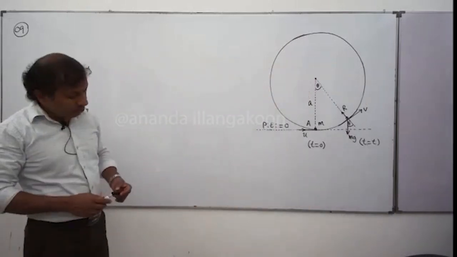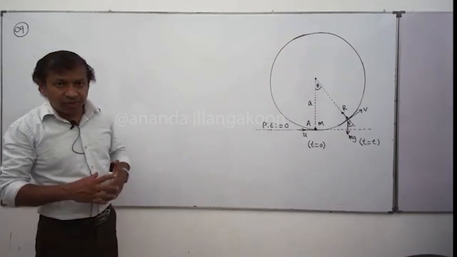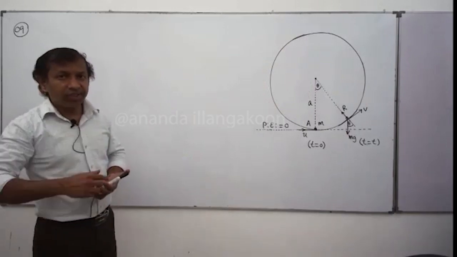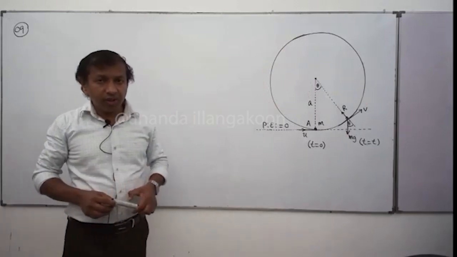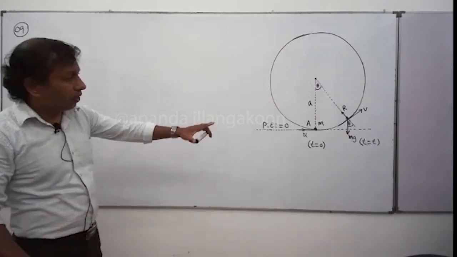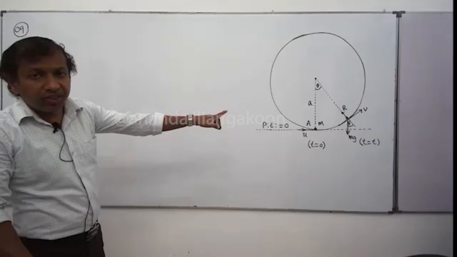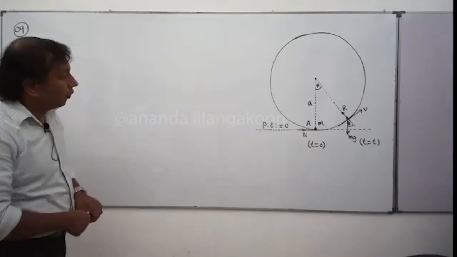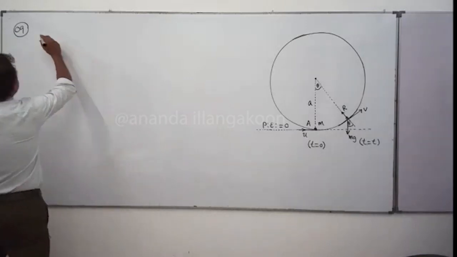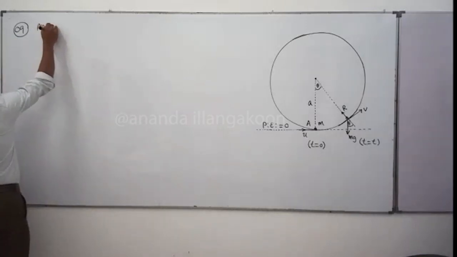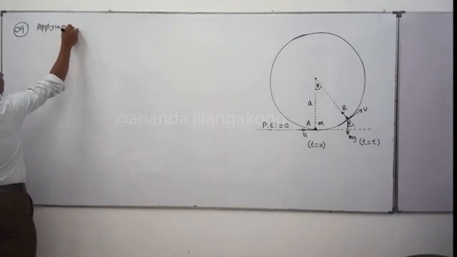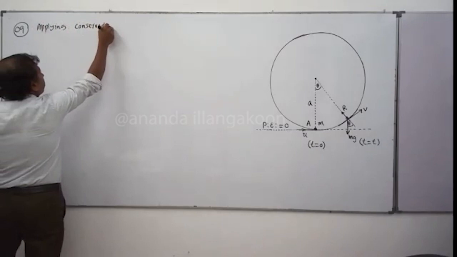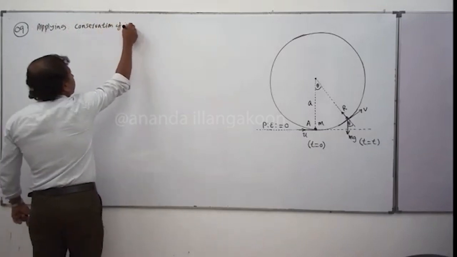In this case, the required centripetal force for this particle to move on the inside surface of the cavity is provided by this normal reaction R. So now, applying conservation of mechanical energy.